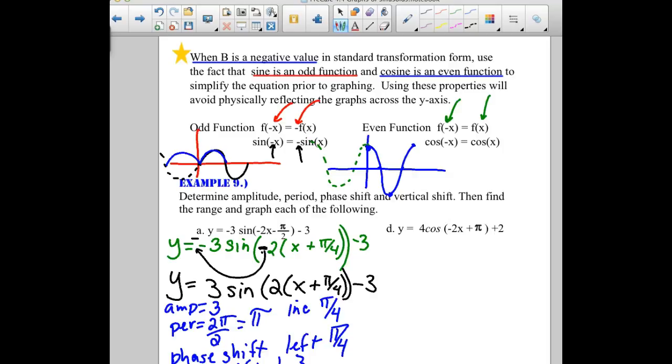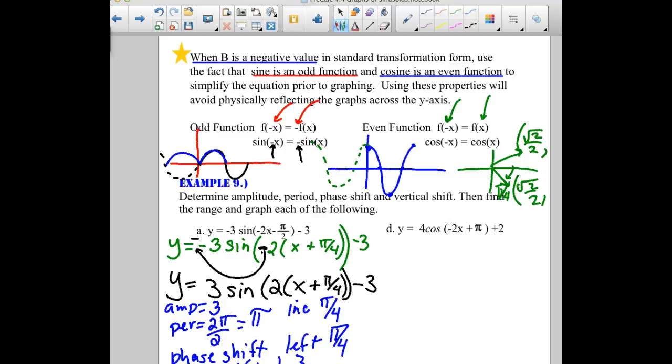Okay. If you think in terms of the unit circle, let's say we went up pi over 4 radians. Our ordered pair for x is root 2 over 2. Yes? If I go down pi over 4 radians, okay, in a negative direction, my x coordinate is still root 2 over 2. My y changes, right?